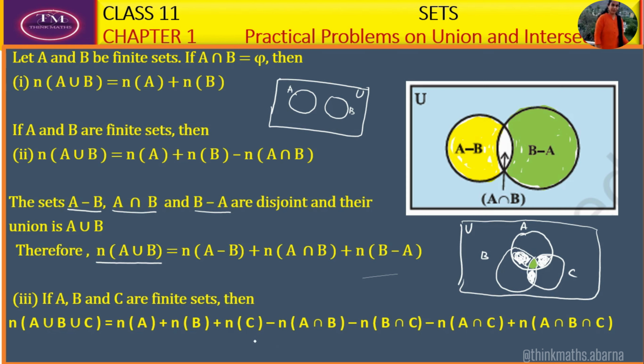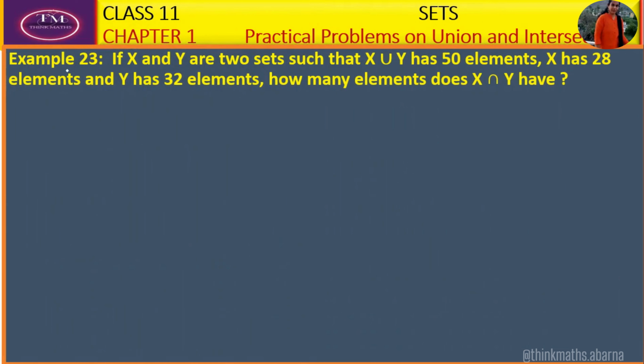Now let us do the problems related to these formulas. Now example 23. If x and y are two sets such that x union y has 50 elements, x has 28 elements and y has 32 elements, how many elements does x intersection y have?